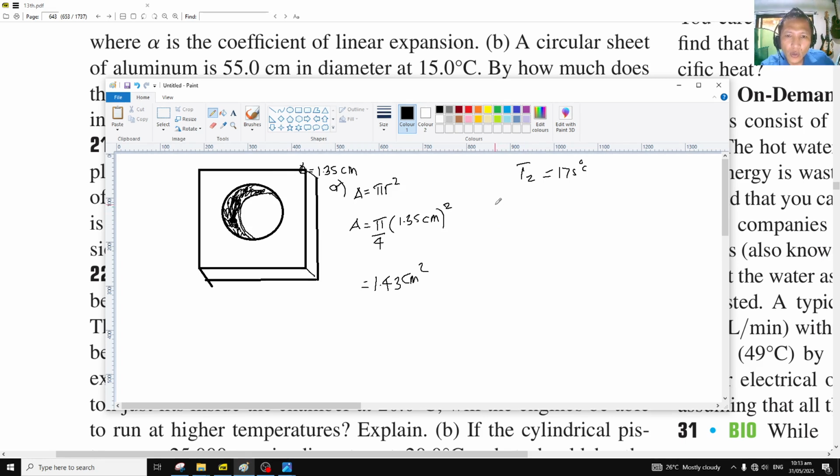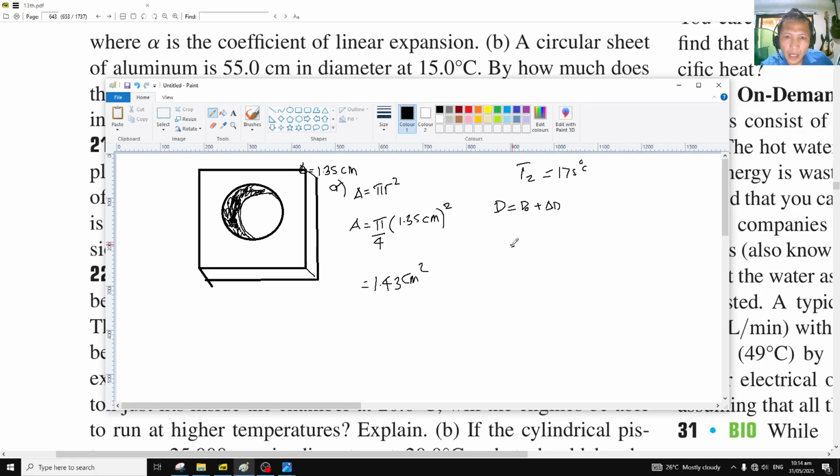So, meaning, your new diameter would be equal to the diameter of the original plus delta diameter.